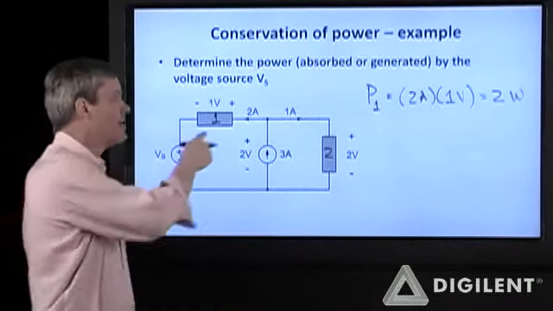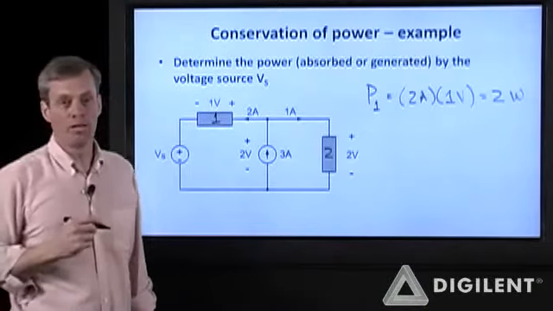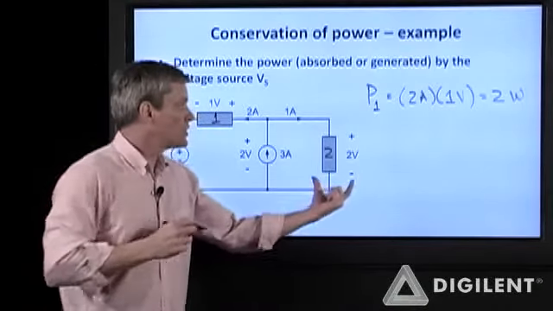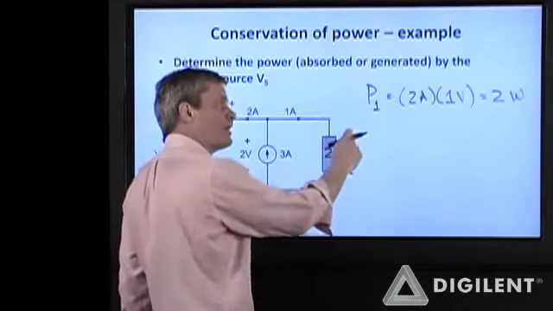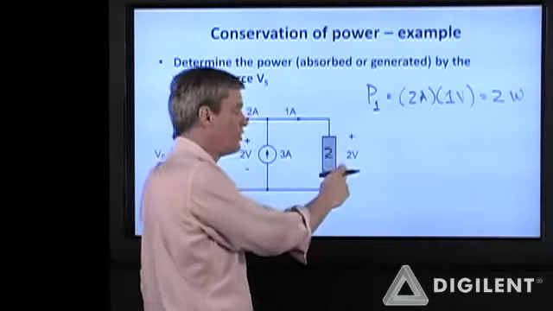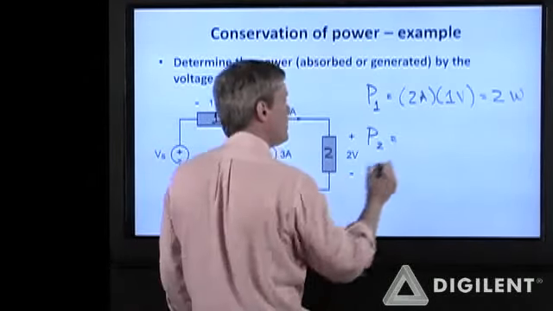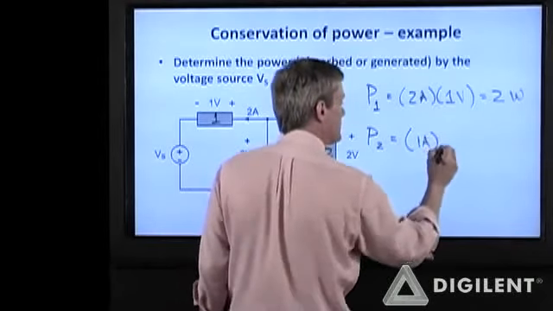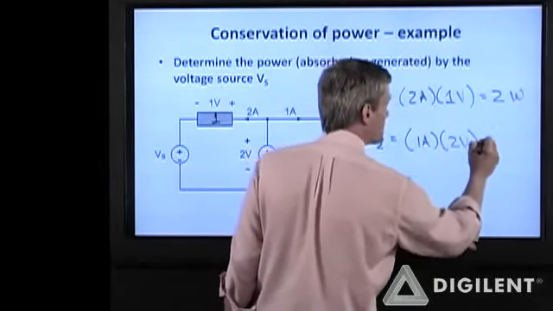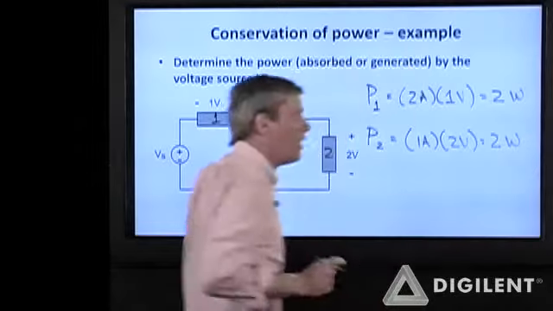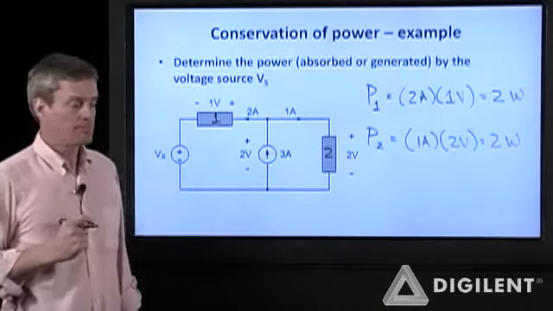That's positive. This guy is absorbing energy. Element 2 has 1 amp going into the positive voltage node of a 2 volt difference. So the power of element 2 is 1 amp times positive 2 volts. That's 2 watts, also absorbed.